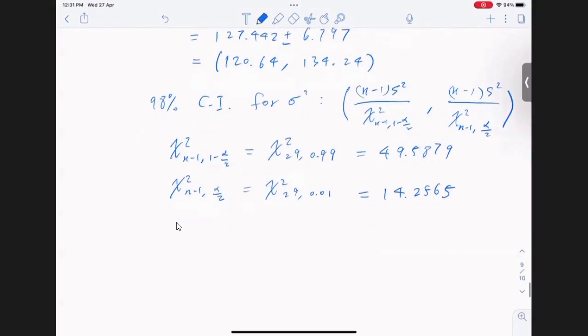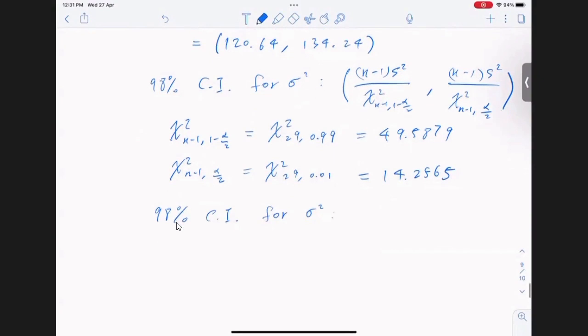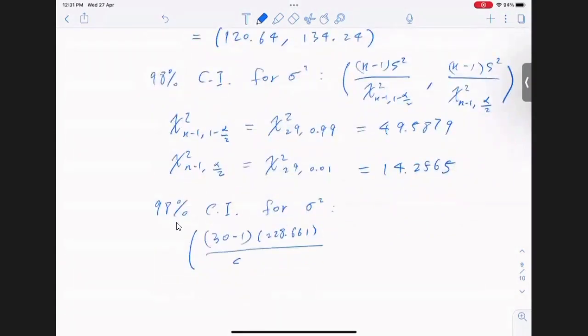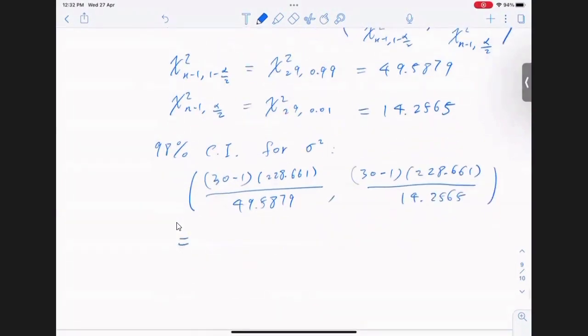So we substitute into the formula, and at the end, we obtain an interval for the population variance.